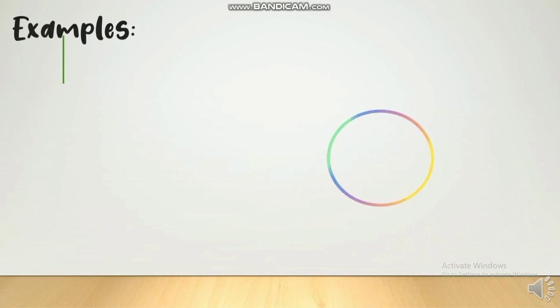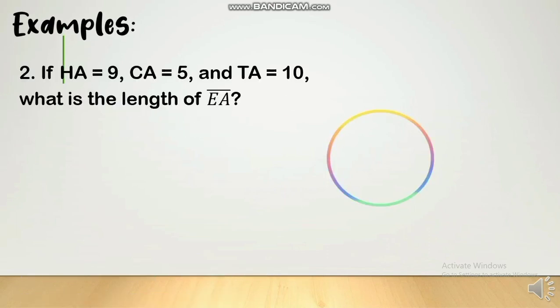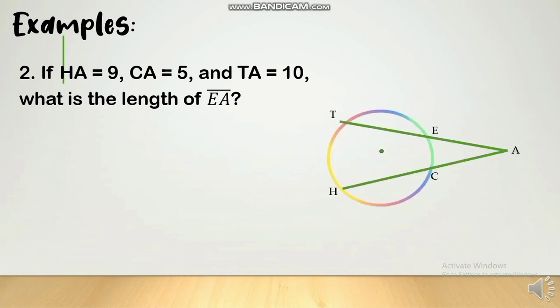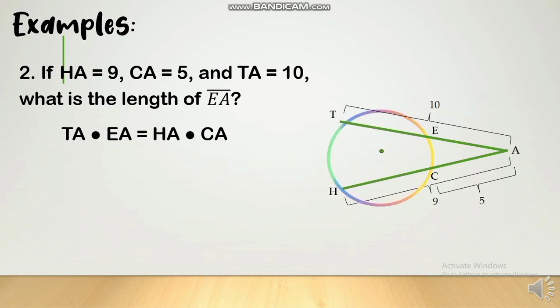For the last example, example number 2, if the measure of HA equals 9, CA equals 5, and PA equals 10, what is the length of EA? That is two secant segments, which is the first theorem. It is like ratio and proportion.